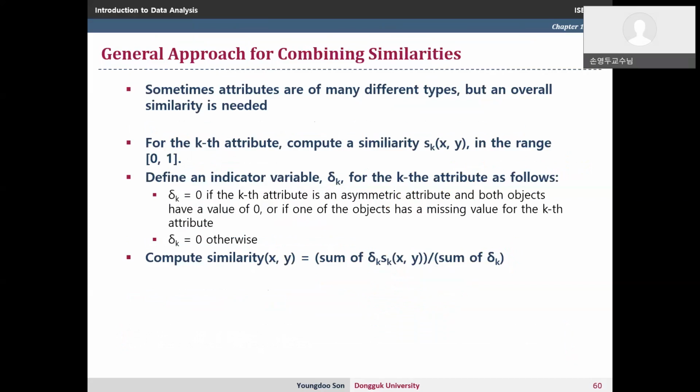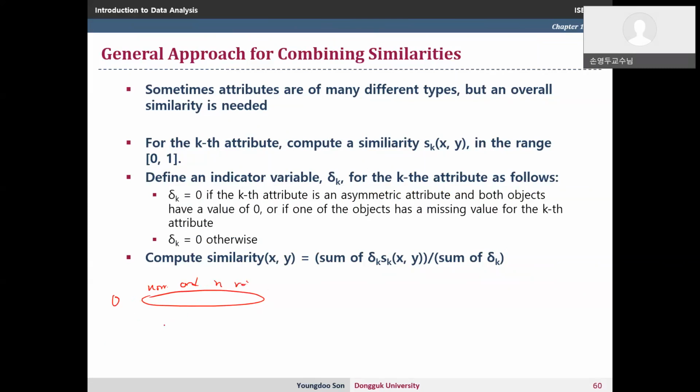And this is the last part of the similarity and dissimilarity section. There are so many attribute types, so even for one data object there are sometimes nominal attributes, ordinal attributes, interval attributes, and ratio attributes.